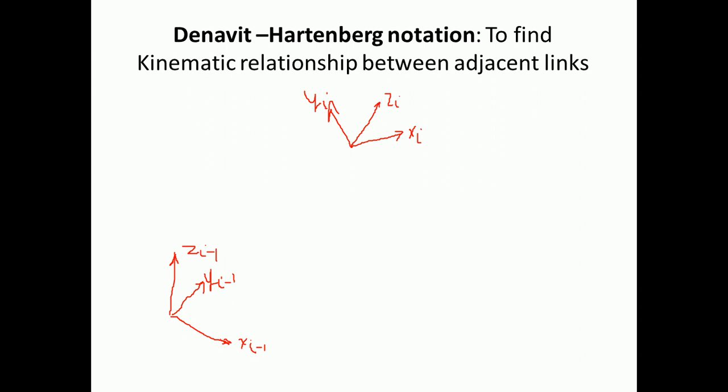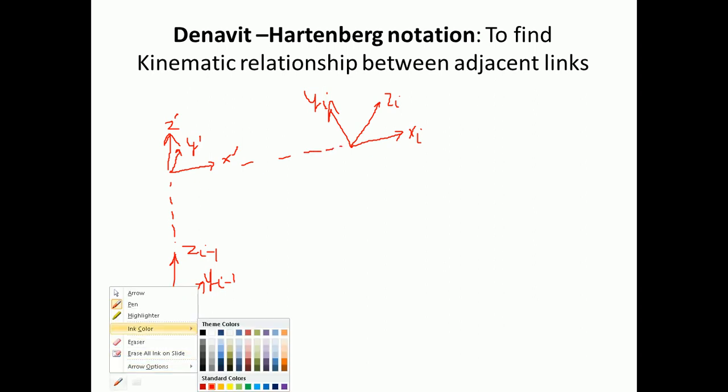So for finding the relationship between these two frames, we have to consider an intermediate frame over here, that is z axis over here, which I name z dash, and this is x dash, and with respect to the right hand thumb rule, the y direction is going to be into the screen, so this is y dash. Okay. So for finding the relation between these two links, we have considered an intermediate frame between these two frames.